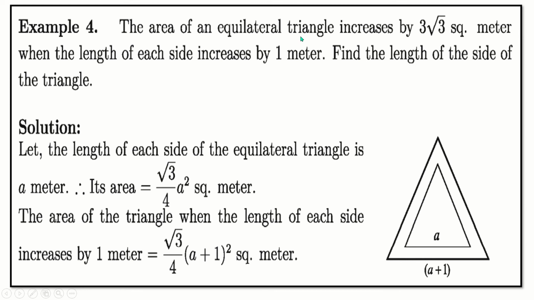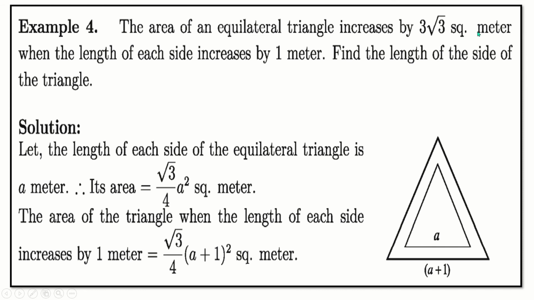Example 4. The area of an equilateral triangle increases by 3 root 3 square meter when the length of its side increases by 1 meter. Find the length of the side of the triangle. Solution is very easy. Let the length of the side of the equilateral triangle be a. Therefore, its area will be root 3 divided by 4 a square meter.